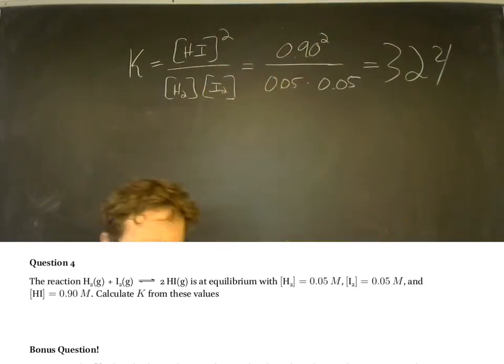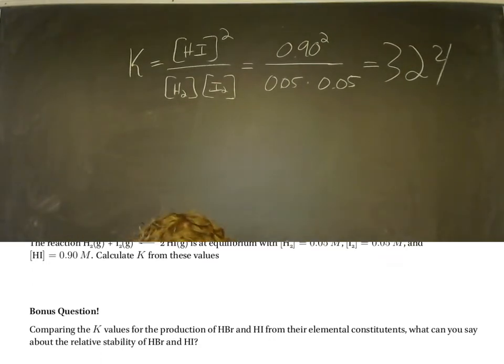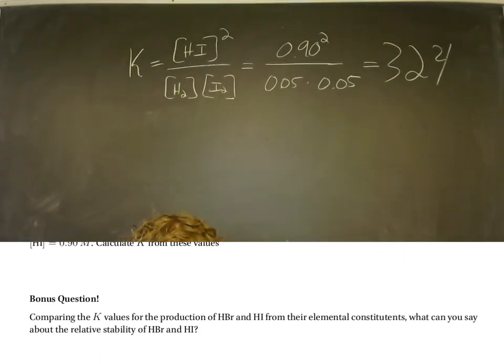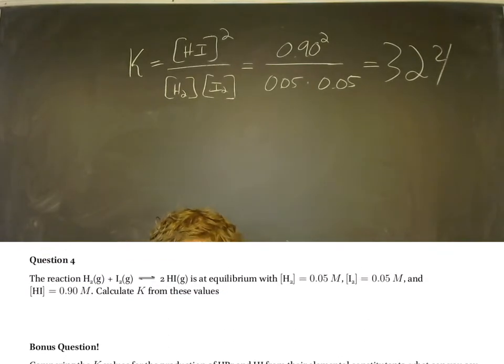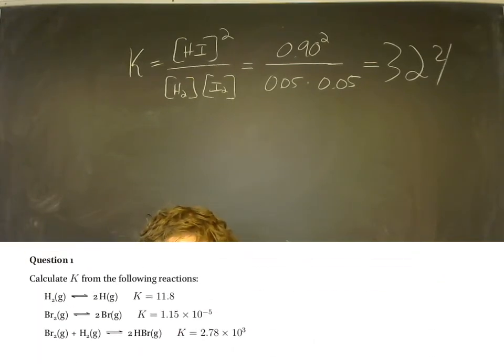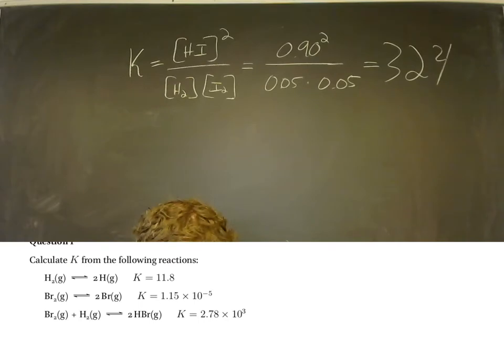Now, this bonus question says to compare the K values for the production of HBr and HI from their elemental constituents. Question 4 was the formation of HI. Up here, it's actually the third equation, the one I called C, that forms HBr from its elemental constituents and is the proper one to compare.